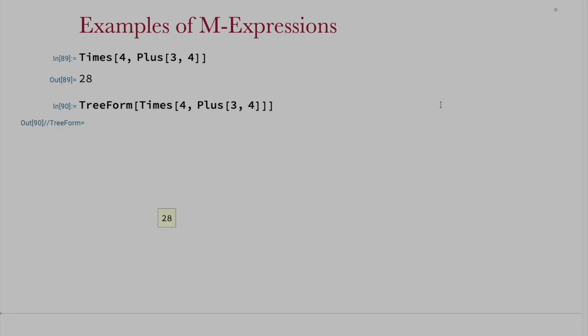So what is happening here? Why isn't TreeForm showing me the tree with times 4 and then plus 3, 4 that I got before? Well, Mathematica does what's called eager evaluation. Whenever it sees an expression or sub-expression that it knows how to evaluate, it evaluates it on the spot. So before it even applies TreeForm, it evaluates everything inside the TreeForm.